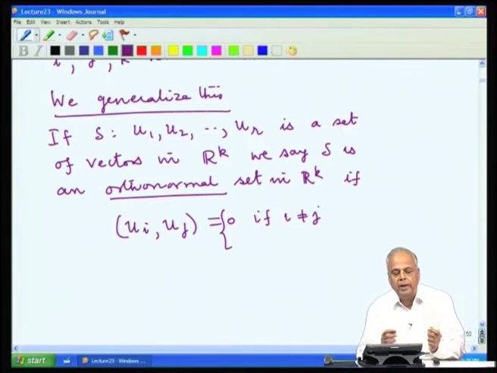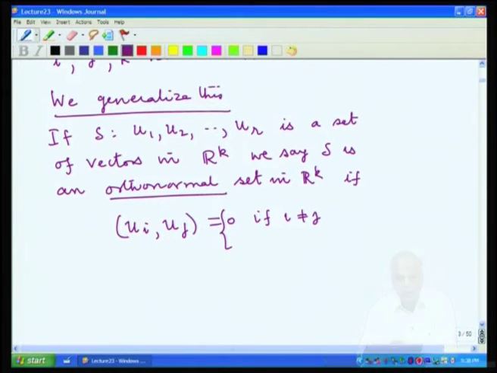That says, if you take any 2 different vectors from this set, their dot product, their inner product, is 0, which means they are orthogonal.